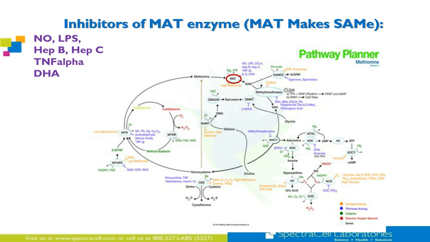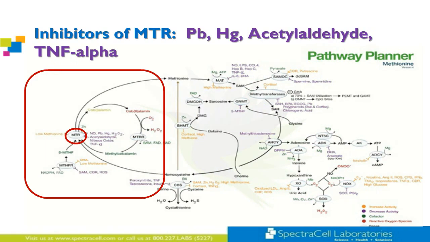Here's a second slide. Here's the MTR enzyme documenting some of the inhibitors of MTR. Very important. Lead and mercury can inhibit MTR. And what we now are seeing is a stronger and stronger association between osteoporosis and increasing lead levels.